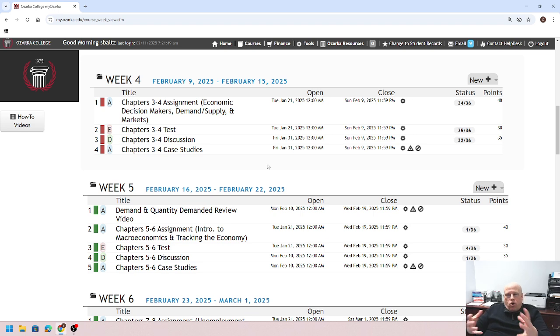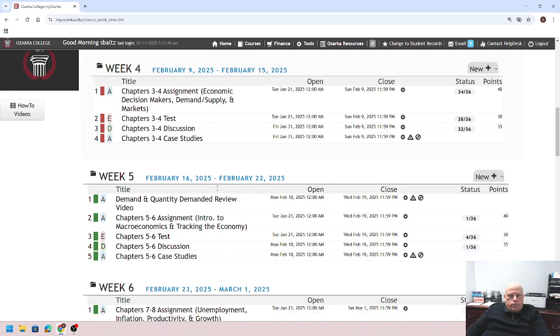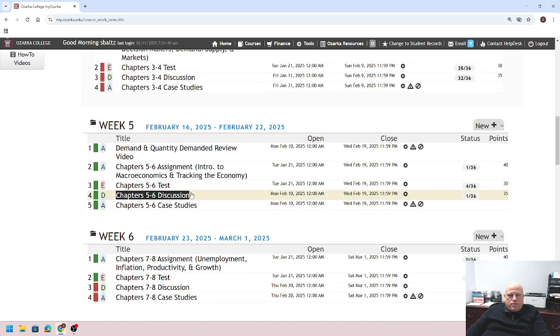I'm sure you've probably heard that term on the news before, but that's basically the index, the measurement system that we use to see how much prices have either increased or decreased in the economy, to look at inflation. Okay, so that's chapters 5 and 6. And so be working on those chapter activities for 5 and 6.